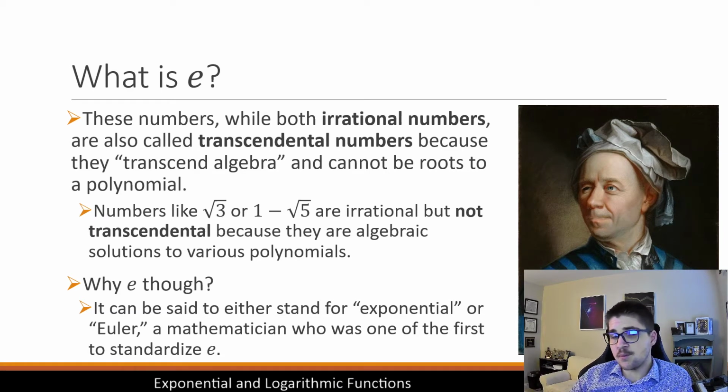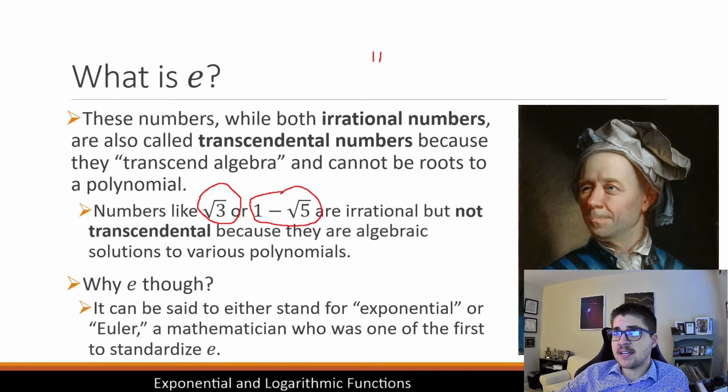This relates back to our polynomial theorems and our talk about factorization. We've seen irrational numbers arise from polynomials, like the square root of 3 or 1 minus root 5, as the roots to a polynomial function. And there are algebraic solutions which can arise from, say, the quadratic formula or from a polynomial equation.